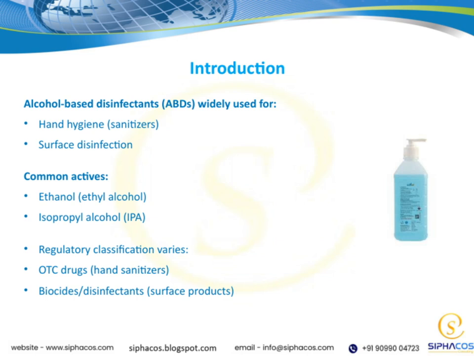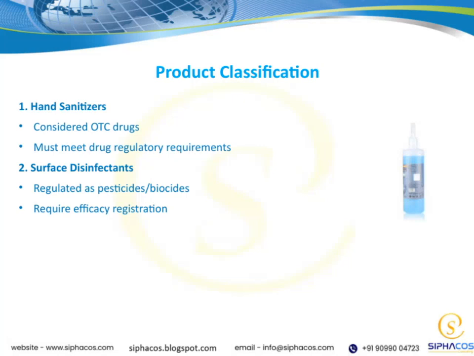Understanding these distinctions is key, as it influences how these products are formulated, marketed, and used. Throughout this presentation, we'll explore how these disinfectants are formulated, their efficacy, and the regulatory landscape that ensures their safe and effective use.